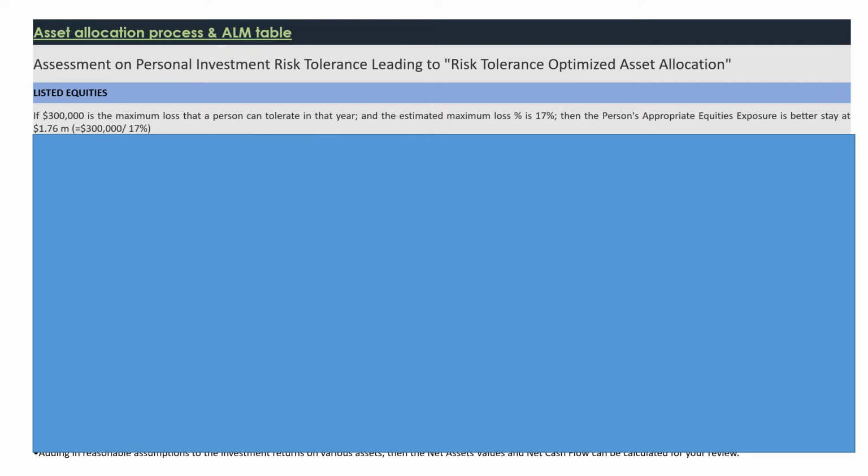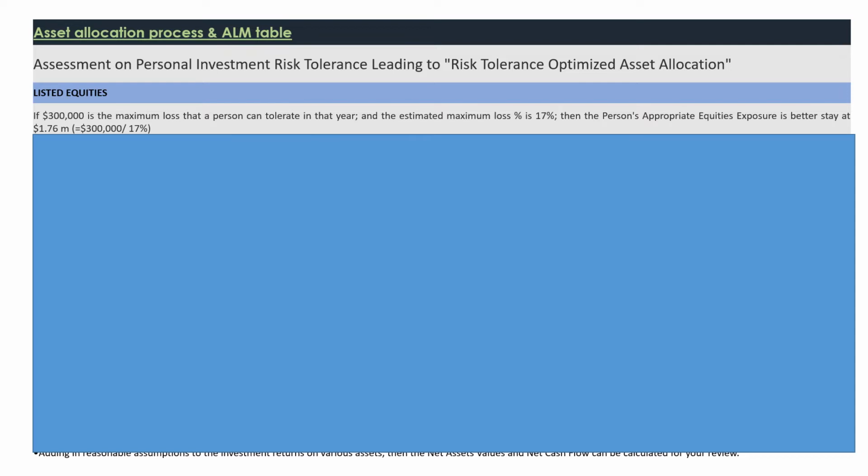For example, during this calendar year or financial year, you have a tolerance for only a $300,000 maximum loss, while you estimate that in the worst case scenario, the market could drop around 17%.